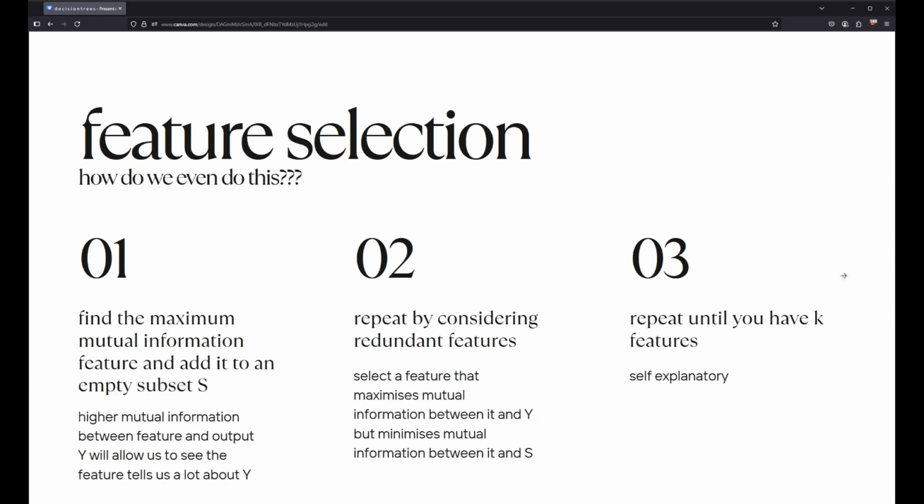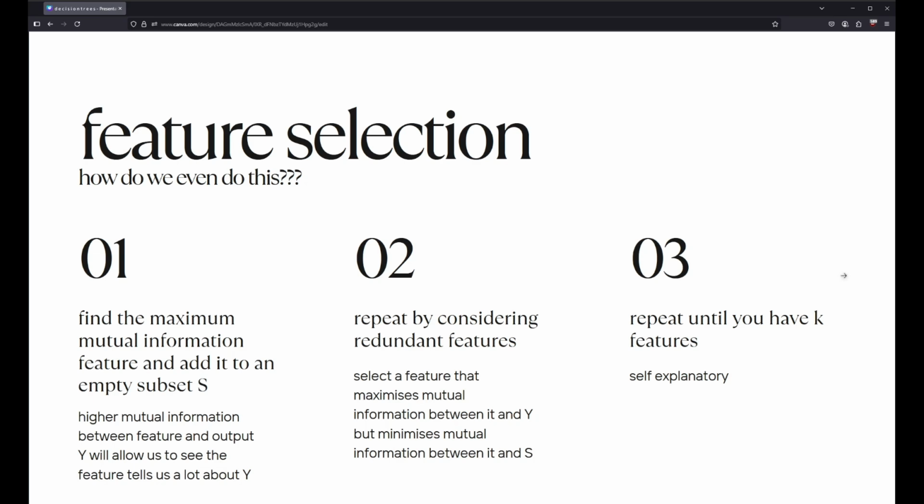So higher mutual information between the feature and the output. So this is what we actually want to find. We want to find how much information the output and our feature shares. Because if our output shares a lot of information with our feature, then that means that our feature is going to be really good at helping us to predict our output, which is obviously the whole point of our machine learning task.